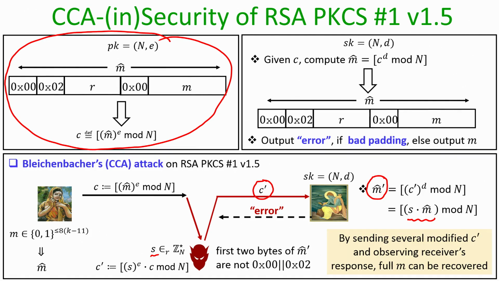So, this is some information which the adversary learns by getting the decryption oracle service from the receiver by making a decryption oracle request for the ciphertext c dash.